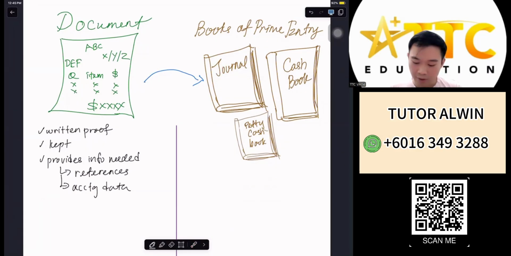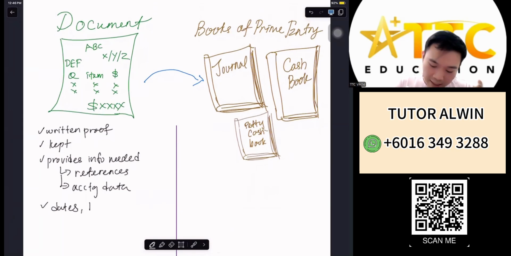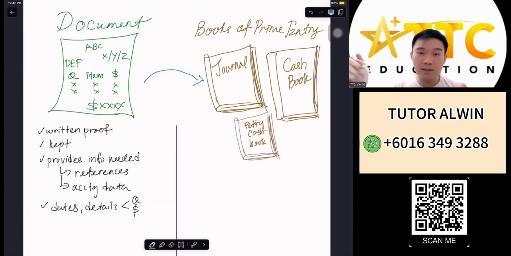Nowadays there are many kinds of accounting software and everything is in e-form because we want to save paper. The business document will provide you the date at which the transactions happen, and details such as quantity, order, the price that you bought or sold, or the money that you receive, all kinds.